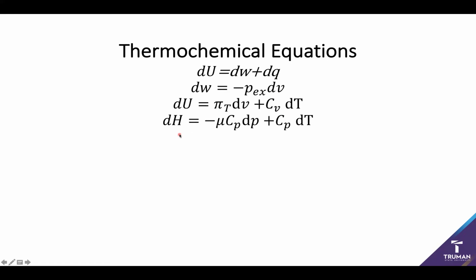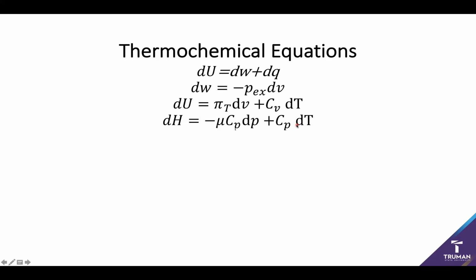And we have a similar expression for any changes in enthalpy, where enthalpy changes with pressure as negative Joule-Thomson coefficient times the isobaric heat capacity times the change in pressure, plus the isobaric heat capacity times the change in temperature.